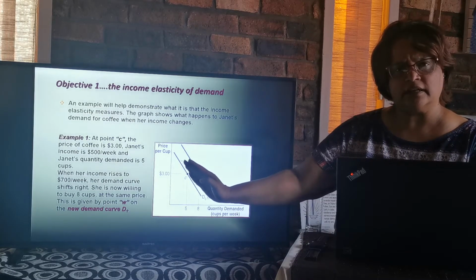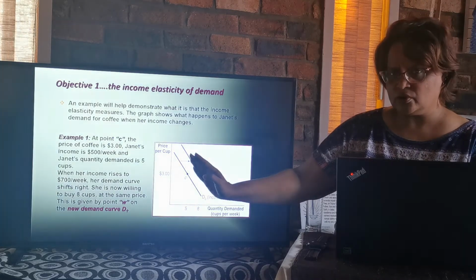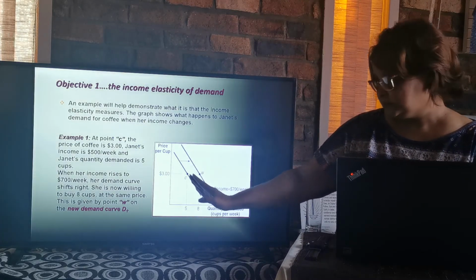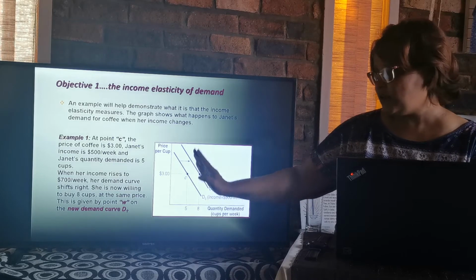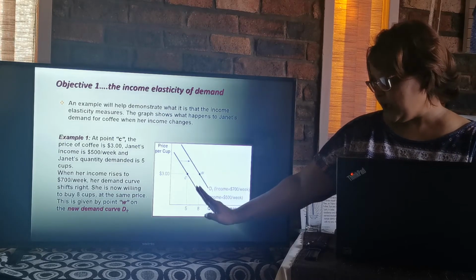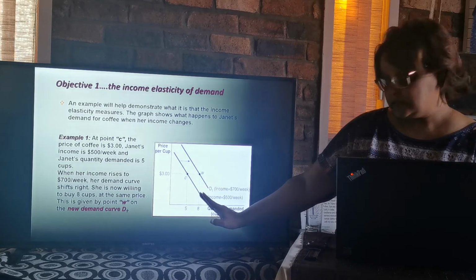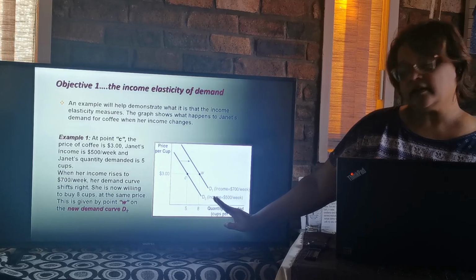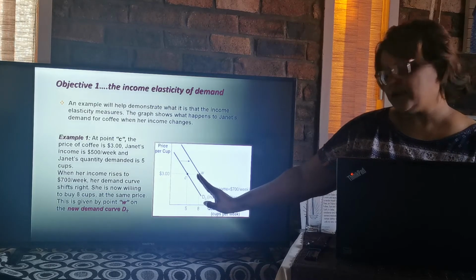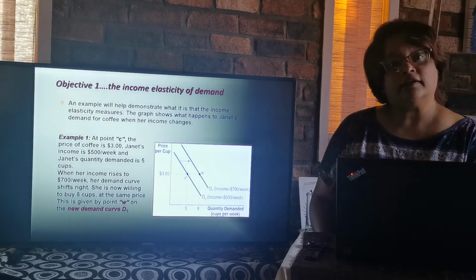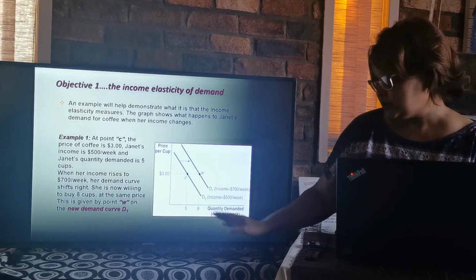That we learned at the beginning of module 2 and even the end of module 1. So we have demand 1 for an income of $500, and then another demand curve for an income of $700.